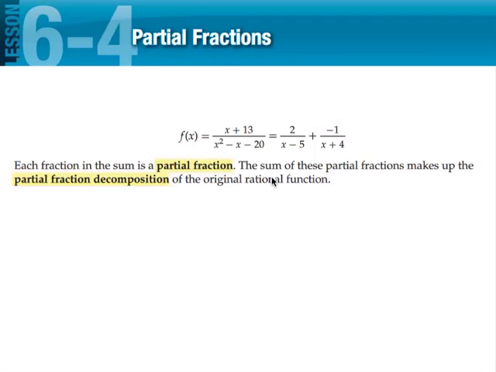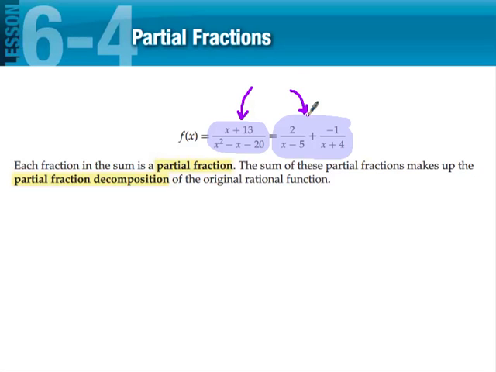Fractions. If you notice up here on the board, I have an example of what a partial fraction is. A partial fraction is saying that this right here equals this fraction right here. We're going to start with this and we're going to get this.